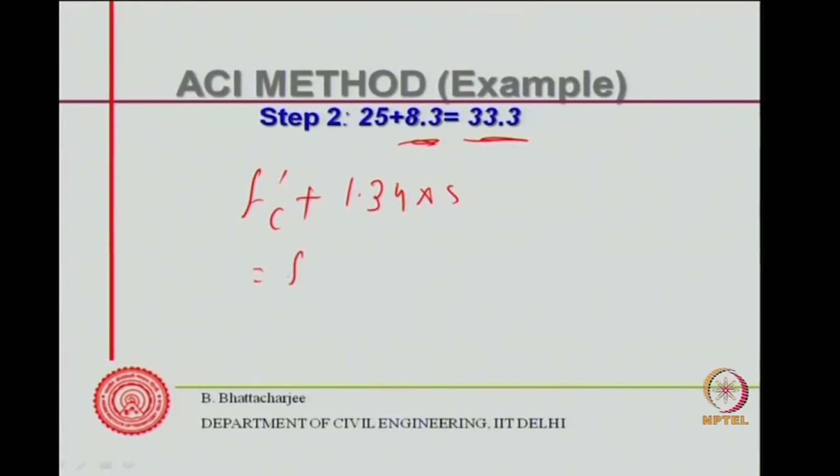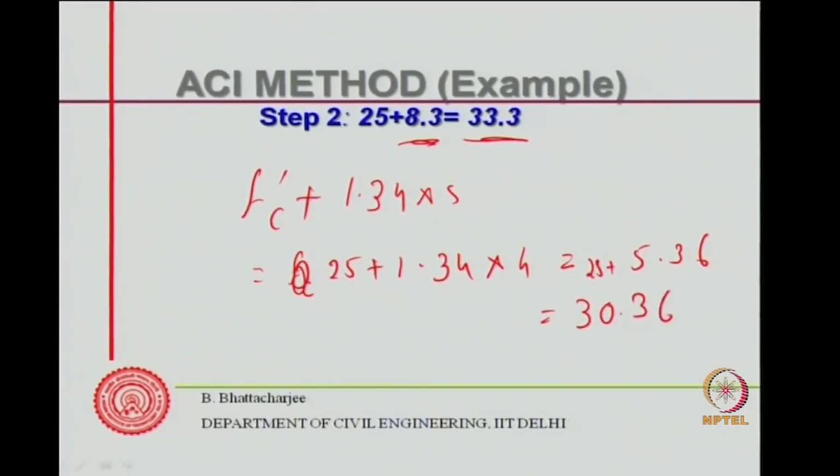Now, s would be smaller here, let us say s is 4. If it is 4, then f c dash is 25 plus 1.34 into 4, which will be about 30 or 31. Or I will take it as f c dash minus 3.5 plus 2.33 s.